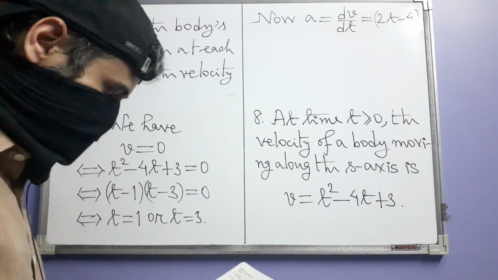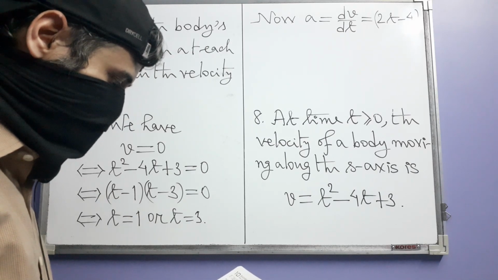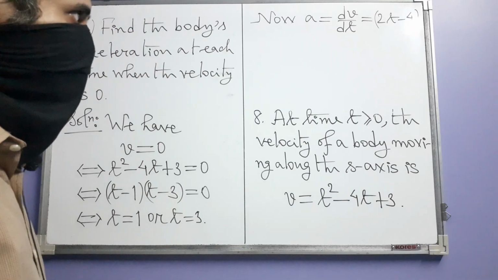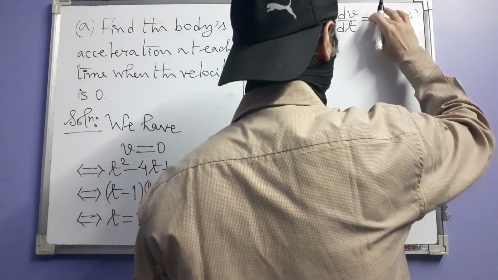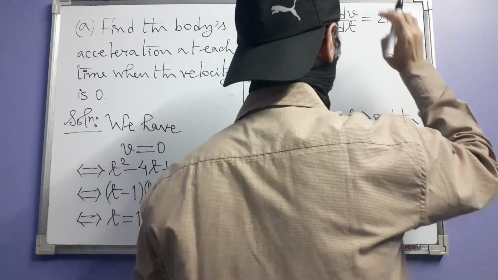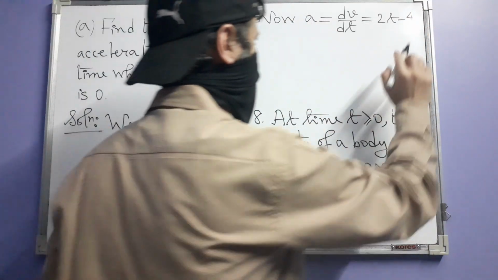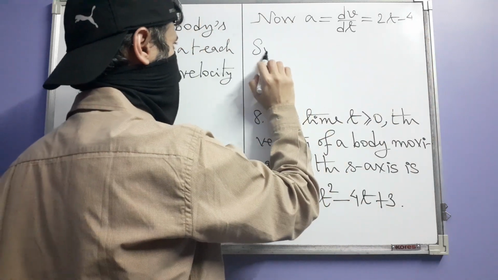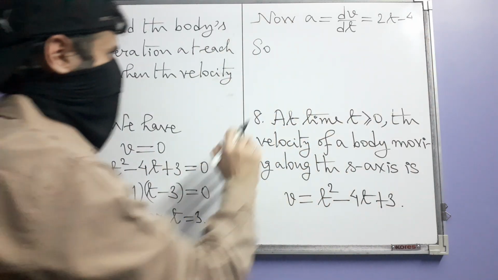Are we given any units though? No, we are actually not given any units. So I also won't write meter per second square or anything. It is just 2t minus 4. So we need to find a when t is 1.